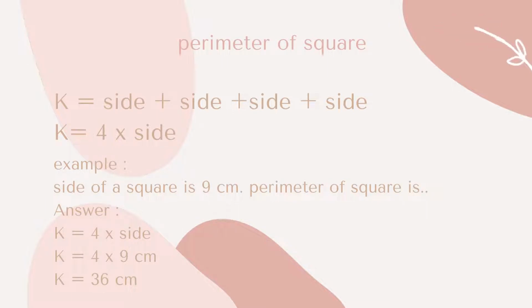Or, the perimeter of a square is 4 times sides. For example, the side of a square is 9 cm. Perimeter of the square is... We use the formula: perimeter of the square is 4 times sides. So, perimeter of the square is 4 times 9 cm, and the result is 36 cm.